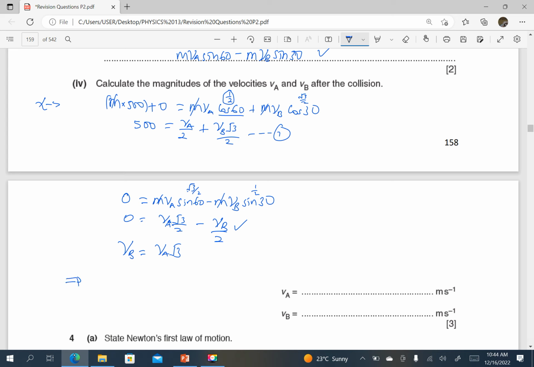So this implies that 500 is equal to VA over 2 plus VA root 3 times root 3, all divided by 2. So root 3 times root 3, I think that is 3 over 2.